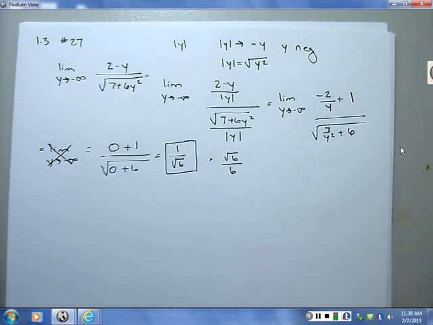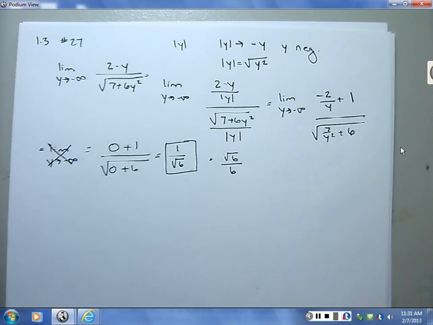If you divided by y, it would be fine, except for the fact you couldn't rewrite y as the square root of y squared. The reason you divide by the absolute value of y is because it's convenient: the absolute value of y equals the square root of y squared. But the square root of y squared doesn't equal y. It equals the absolute value of y, because the square root of negative 5 squared is 5. So you have to be careful with that.